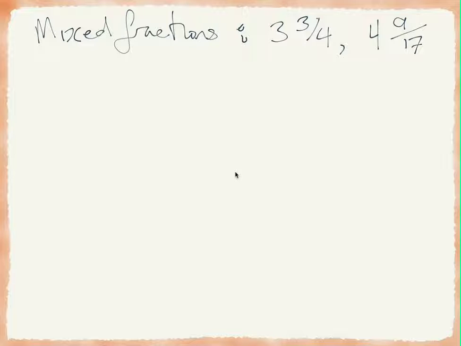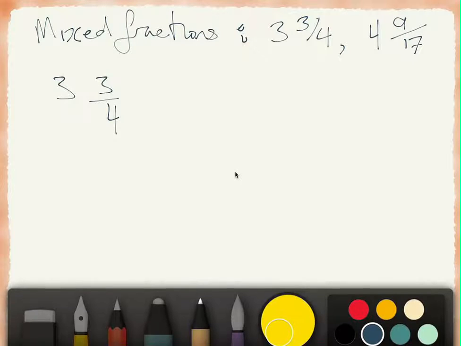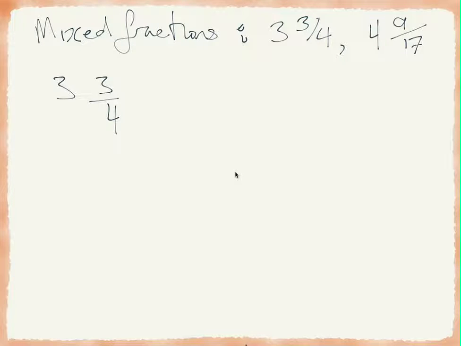So our first step to move back and forth is to create it so we only have one unit. So in this case, we got 3 and 3/4. The trick here is to simply multiply and add. So we're going to take our orange here, and this is going to multiply, and then we're going to add 3.